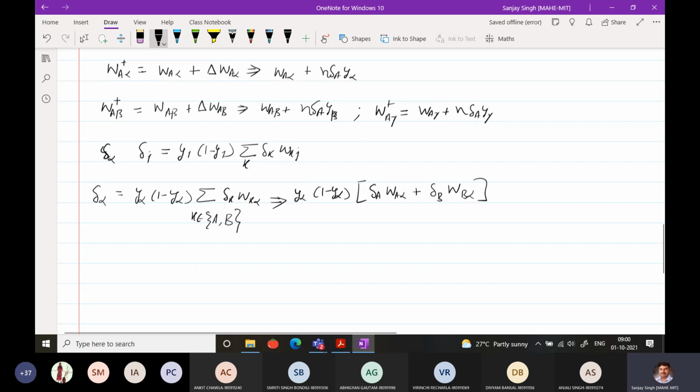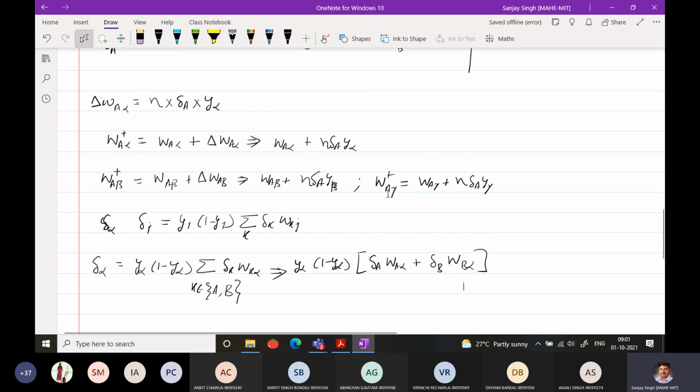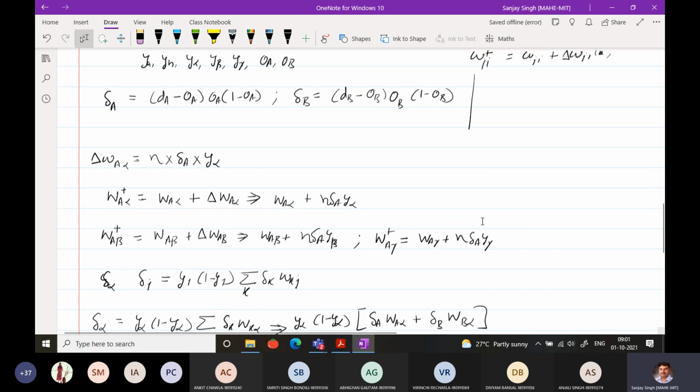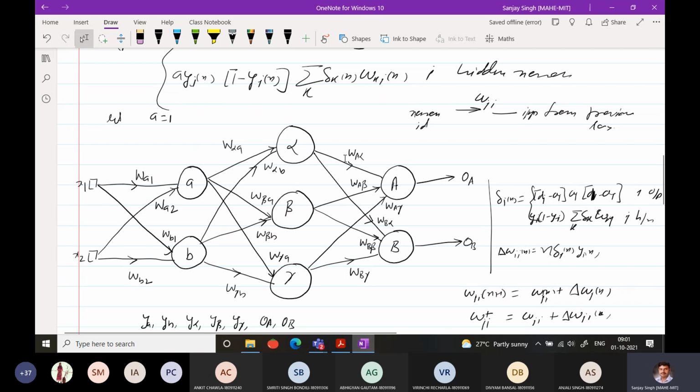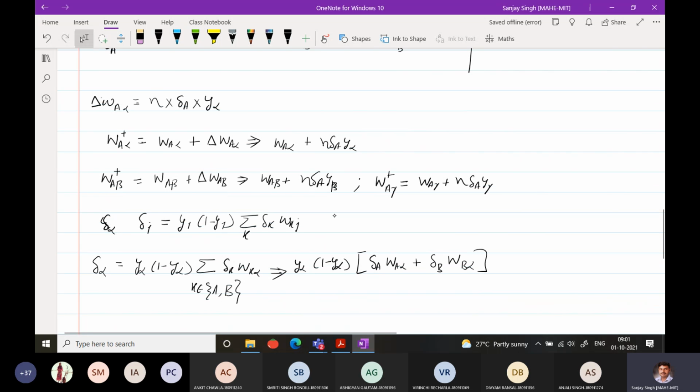And remember that these weights are the updated weights, because now we are calculating this, so this will be written in terms of weights of this one, but these weights are already updated because of this backpropagation. So effectively these are nothing but updated weights, you can say.